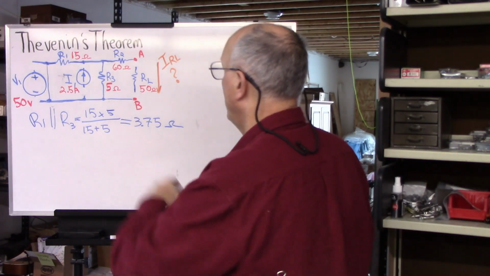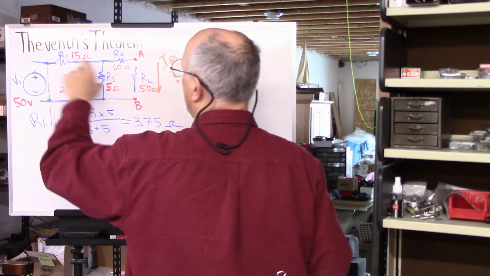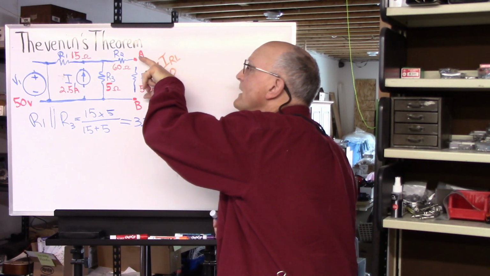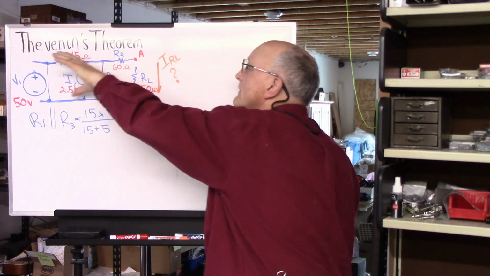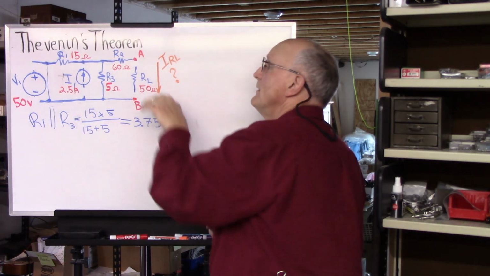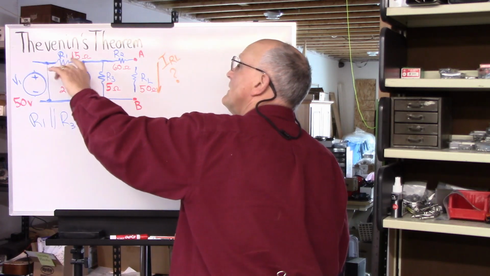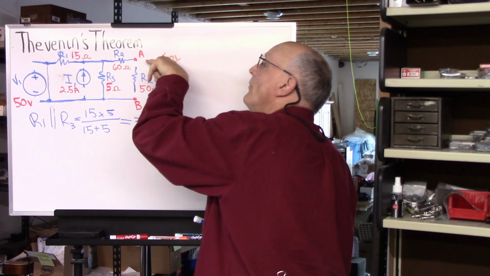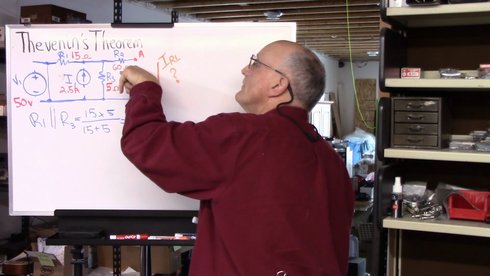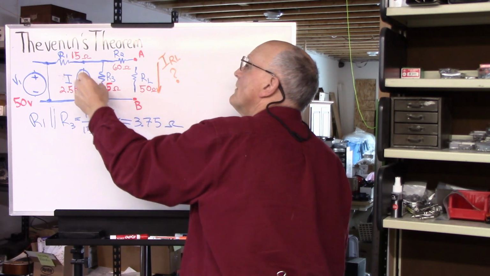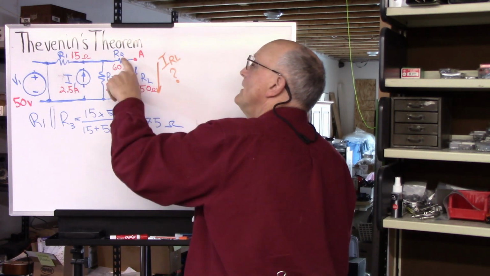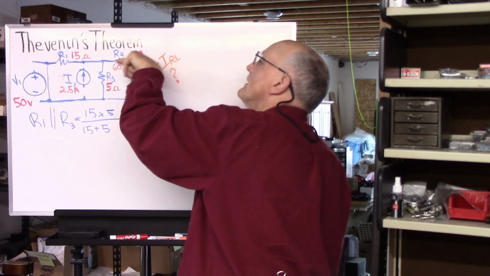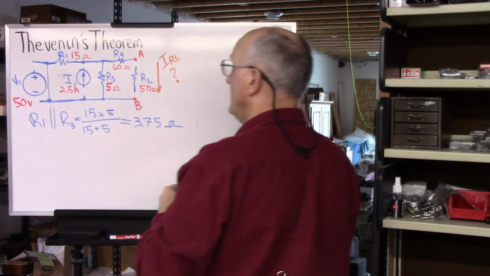Now, this parallel combination of R1, R3, remember that what we're doing is we're looking in from A and B in at what's left here. So we've already calculated these. These are in parallel with one another. But looking in from this direction, we're looking in through this 60 ohm resistor to this parallel combination and back to B. So what that means is that this 60 ohm resistor is in series with this parallel combination.